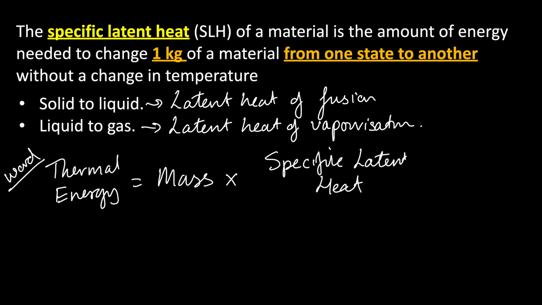The symbol equation is as follows. And the units. For the units, energy is measured in joules, mass is measured in kilograms, and specific latent heat is measured in joule per kilogram.